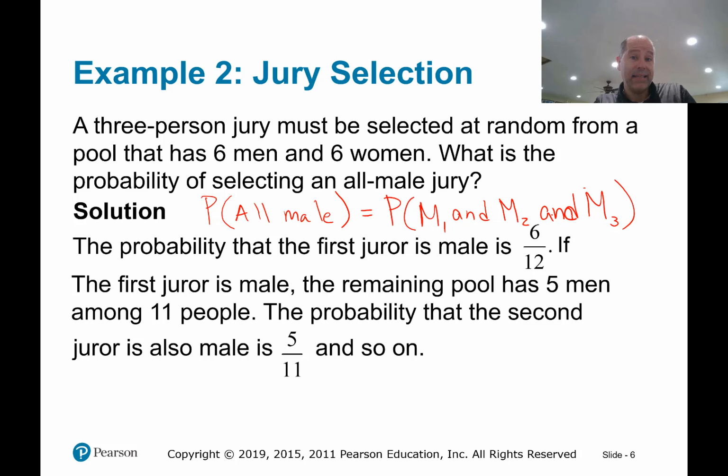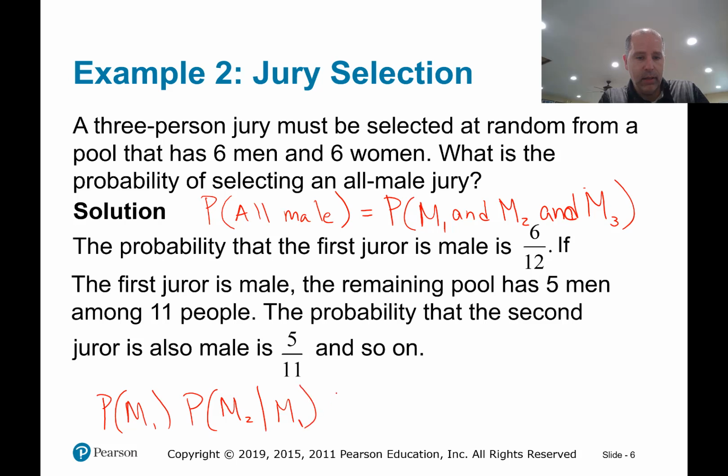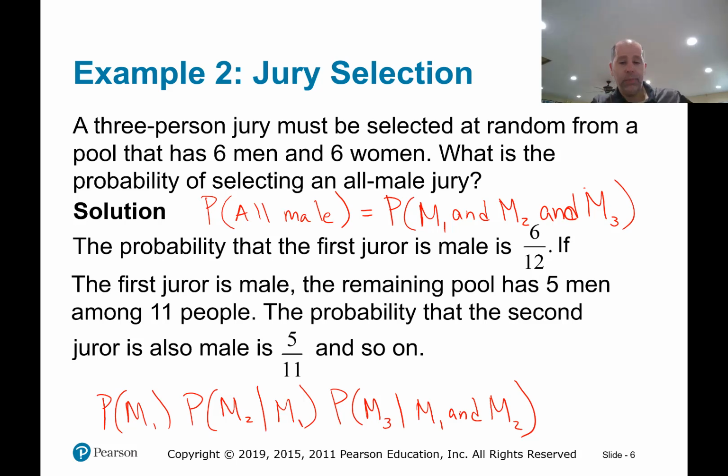But since they're not independent, I have to use the general multiplication rule. So it's the probability that the first person is a male, times the probability that the second person is a male, given that the first person was a male, times the probability that the third person is a male, given that the first and second people were both males.